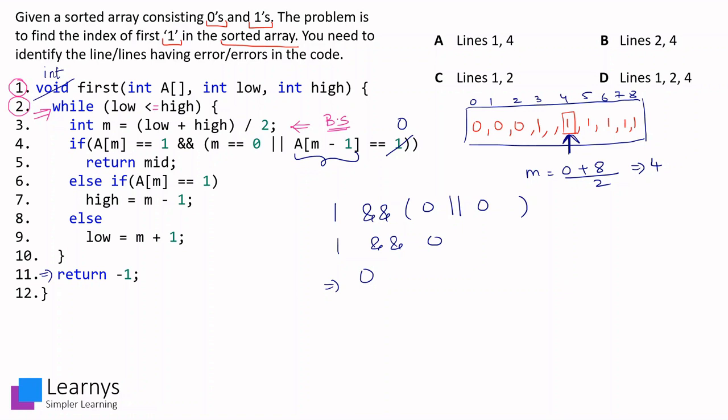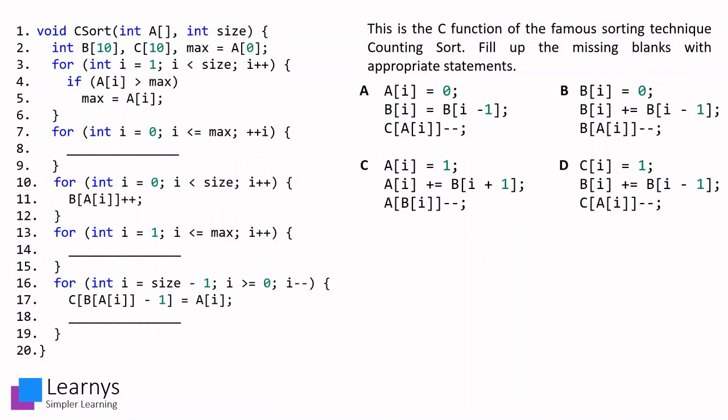That means that there is also a lot of 1 values or even one single 1 value in the left hand side of the array. So my binary search will continue on the left hand side. If not so, then we will go to the right hand side. So this seems perfectly okay. So I can say that I found out errors in line numbers 1, 2 and 4. So my answer is D, option number D, lines 1, 2 and 4.